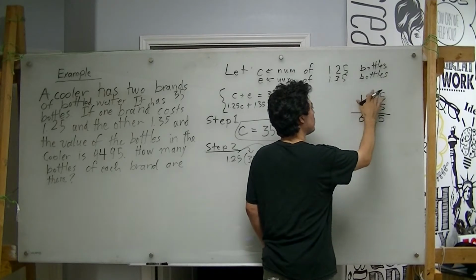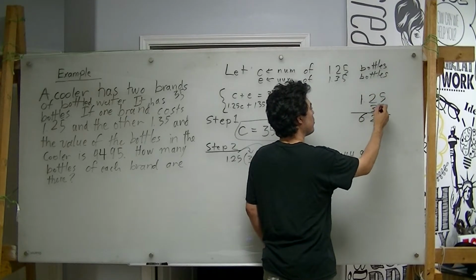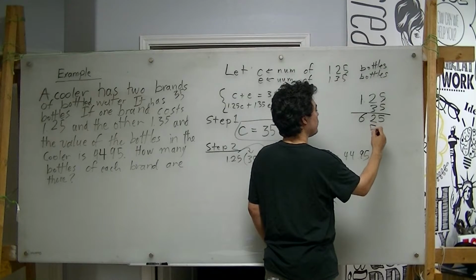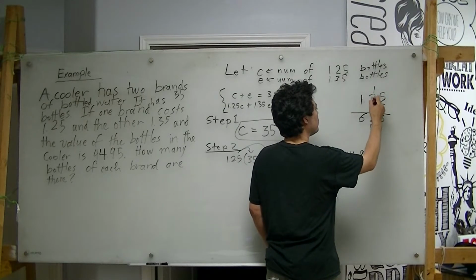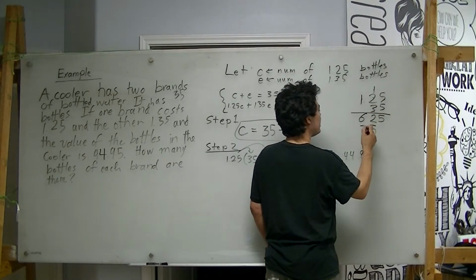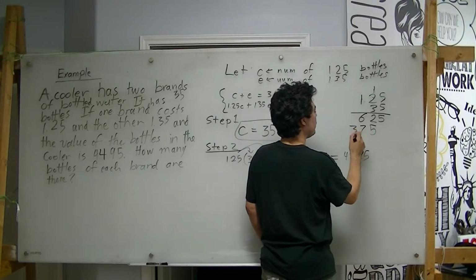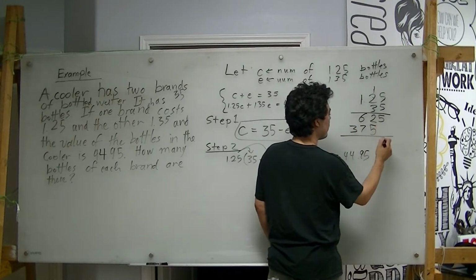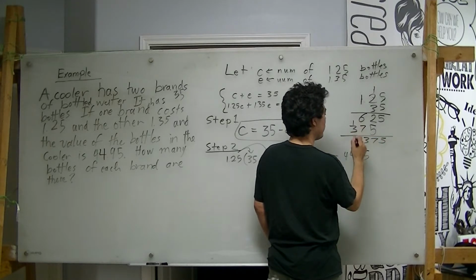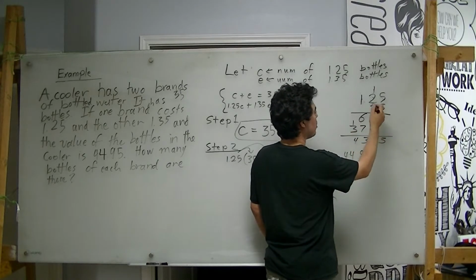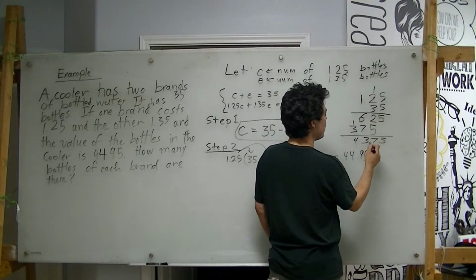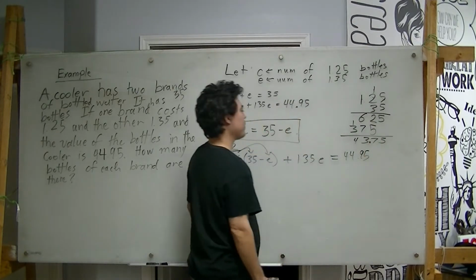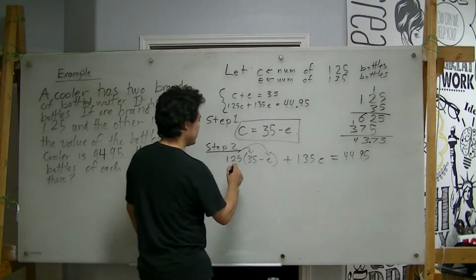Then, we're going to multiply the 3. 3 times 5 is 15. We carry the 1. 3 times 2 is 6. We add 1, it's 7. And 3 times 1 is 3. And so we can see that we get 5, 7, 13, carry the 1, 4. And because there's 2 decimal places here, there's 2 decimal places here.